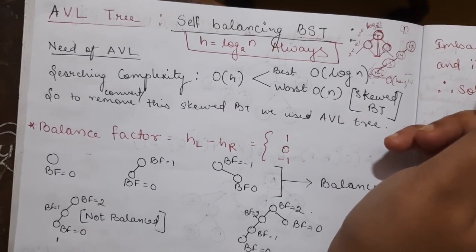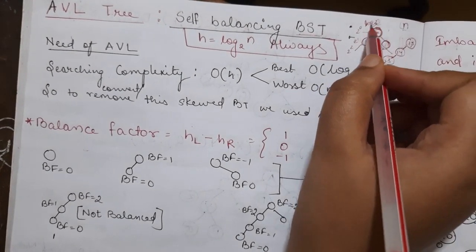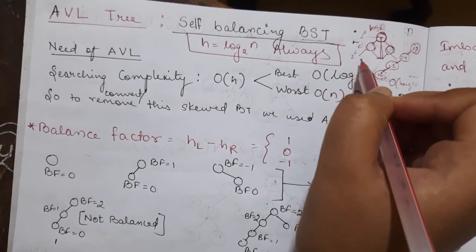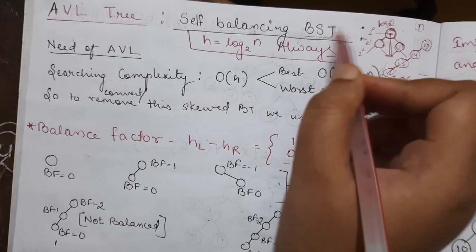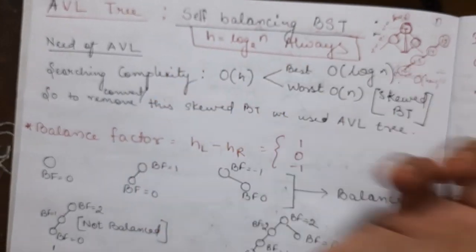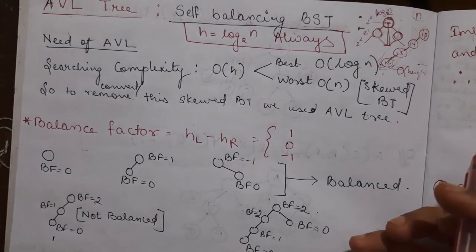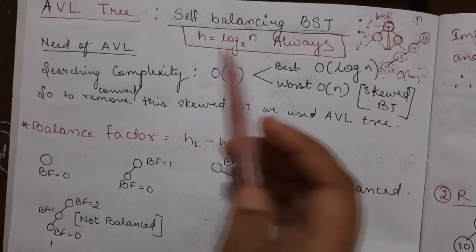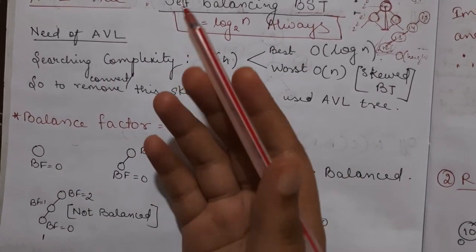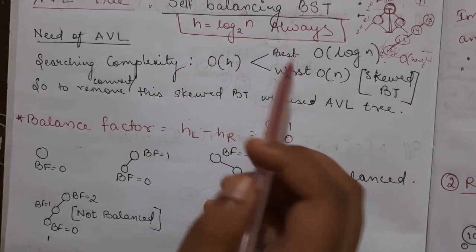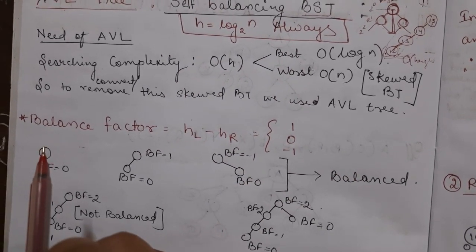So for such reasons, the scientists said that the tree should be balanced. A tree that should be balanced or that can balance itself is called a self-balancing tree. AVL is named after the scientists who made this BST.